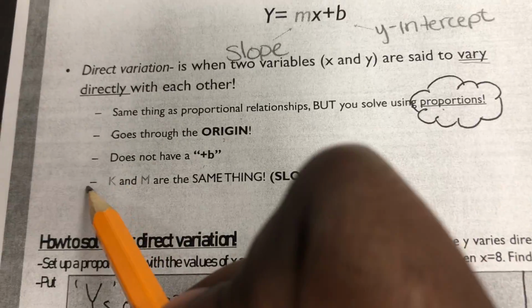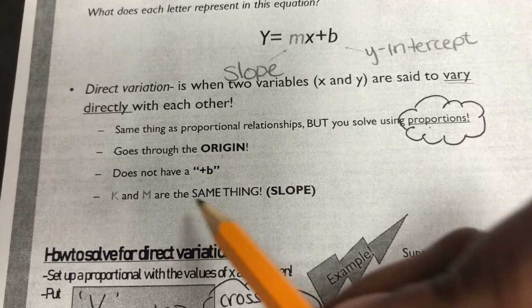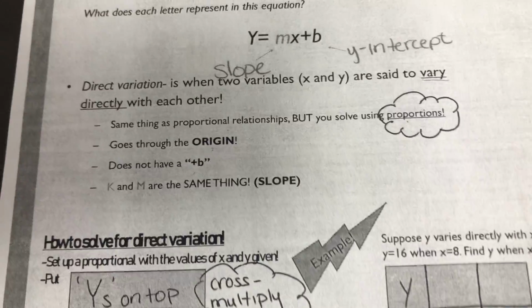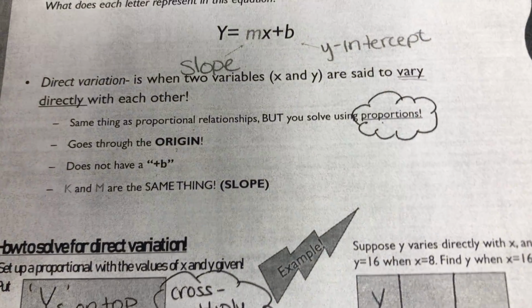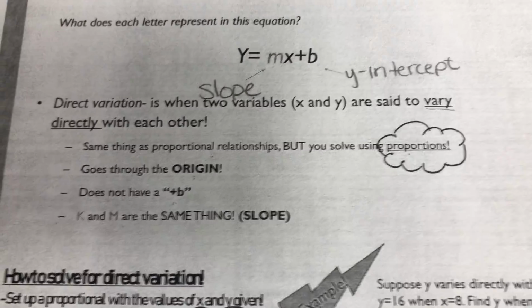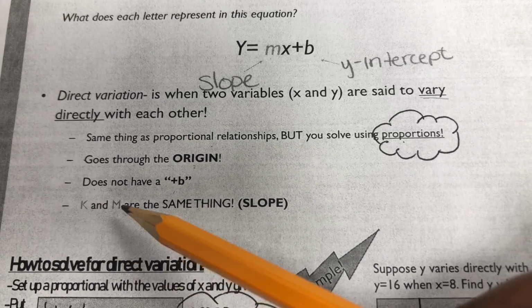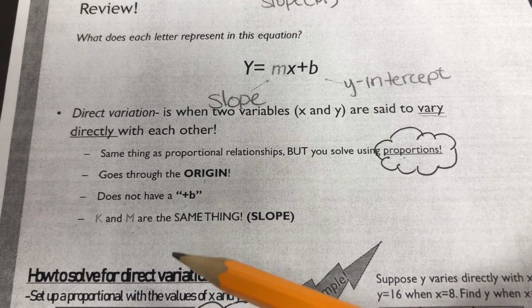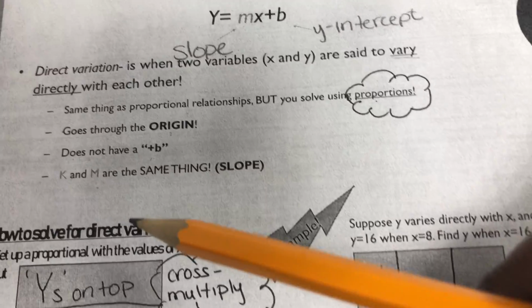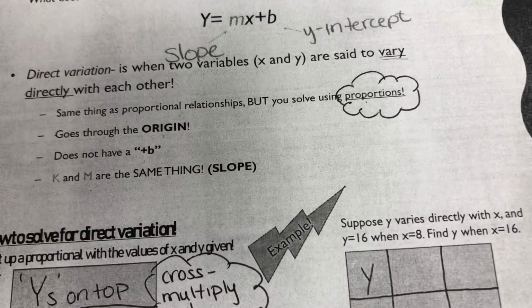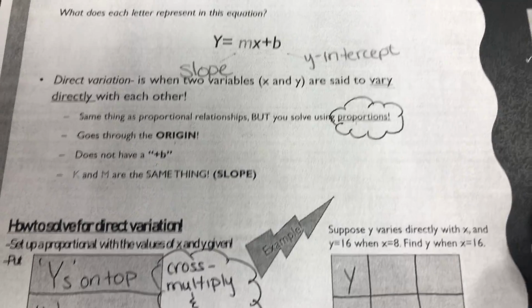That's what this last point is saying: k and m are the same thing. There's a whole lot of different ways you can say slope. There's k, there's m, there's change in y over change in x, there's rise over run, all sorts of stuff. We're just all learning the different ways to do it.